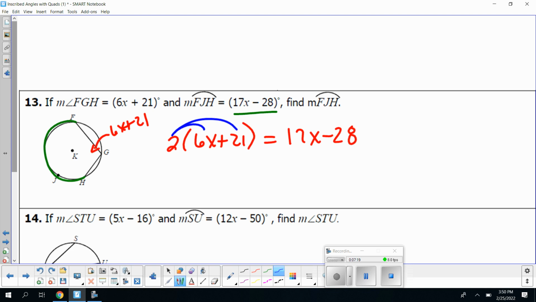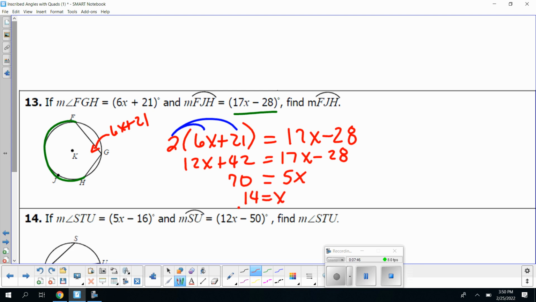So distributing that 2, I will get 12x plus 42 equals 17x minus 28. And when we solve, I'm going to subtract 12x from both sides. It's going to get me a 5x on this side. I'm going to add 28 on both sides. That gets me a 70, which makes x equal to 14. All right, is that what they asked for?